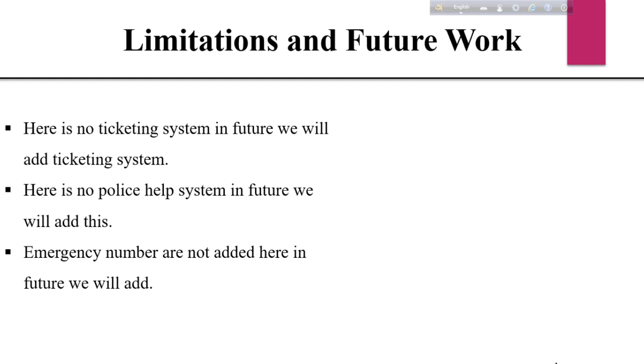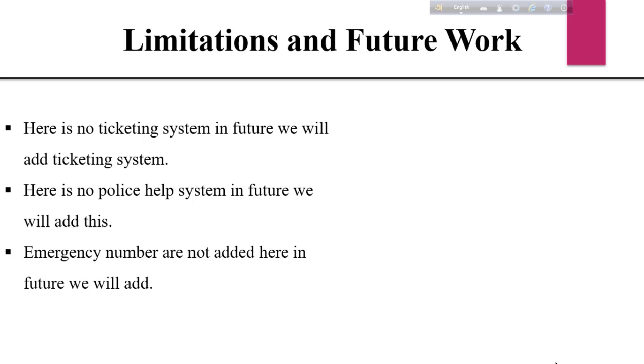Then I am going to talk about the limitations and future work of my project. In this project, there is no ticketing system, but in future, inshallah, I will add a ticketing system in my project. In this application, there is no police help system such as 999.